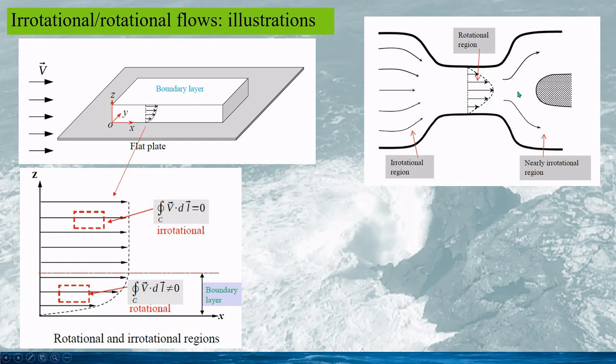And when the flow comes out from the contracted area, the flow might become irrotational again. However, this is a simple example. Whether the flow is irrotational or rotational, even in the contracted area, is totally dependent on the Reynolds number. If the Reynolds number is very large, then the flow, even in the contracted area, could be irrotational.